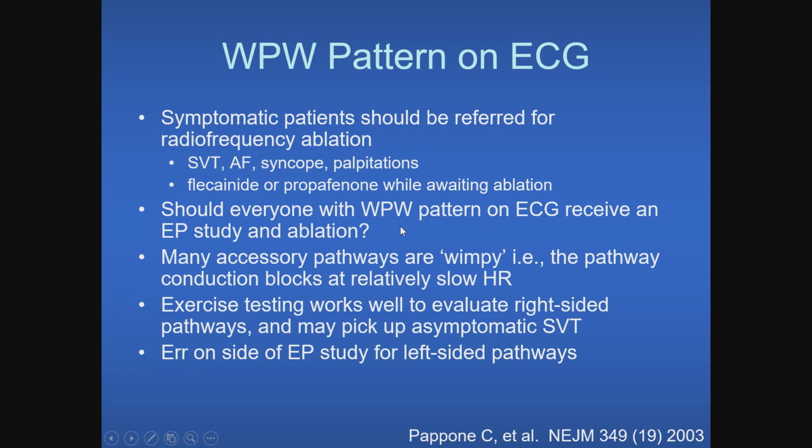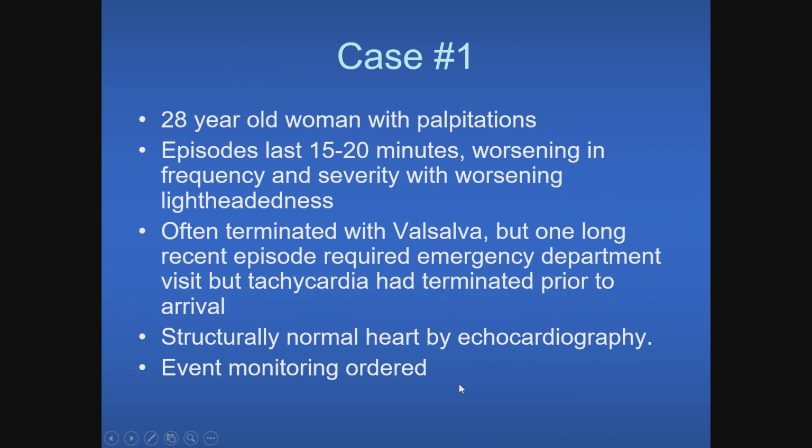However, should everyone with a WPW pattern on ECG receive an EP study and ablation? Many accessory pathways may not be so risky for the patient, and doing an EP study might be risky in and of itself. So we definitely would want to do exercise testing for right-sided pathways, but err on the side of EP study for left-sided pathways.